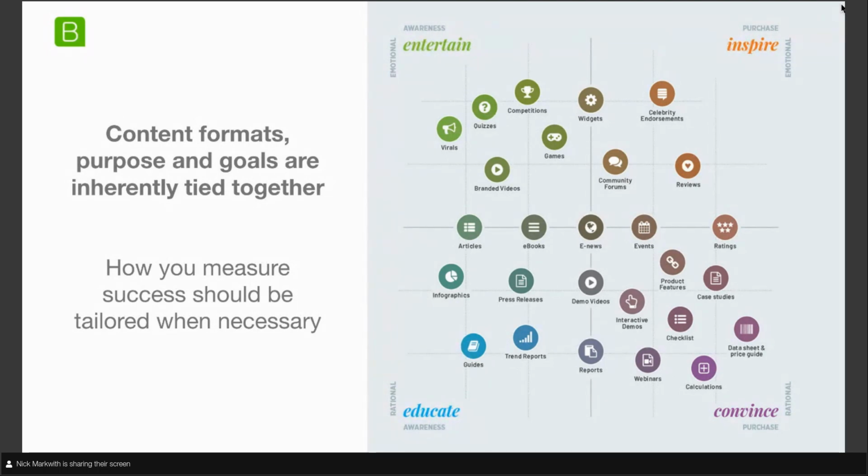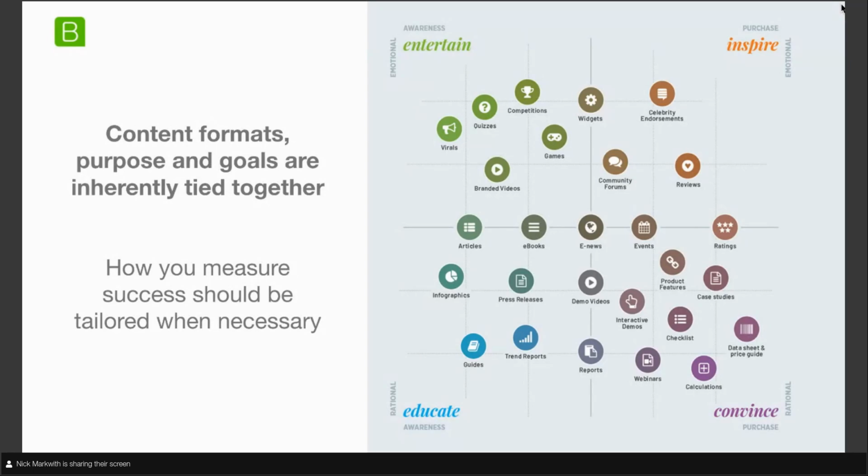So on the right side here, you'll see a content matrix, which identifies the different purposes each content format tends to have. As an example, competitions, games, and branded videos tend to be more of an entertainment approach. It's not really providing any business value, but it is grabbing their attention.